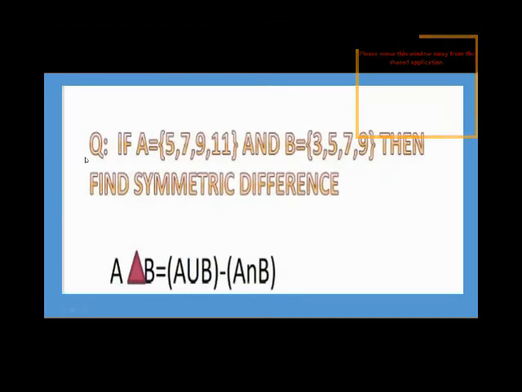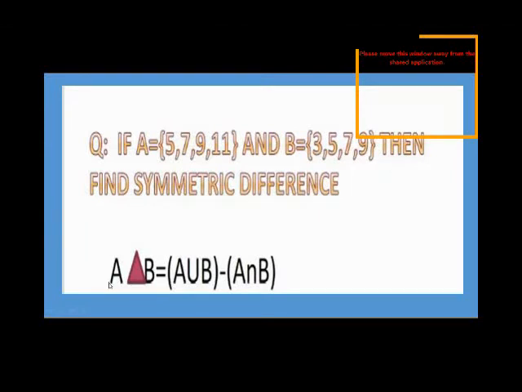For the understanding of symmetric difference, there is a question. According to the question, set A has elements 5, 7, 9, 11 and set B has elements 3, 5, 7, 9. Then find the symmetric difference. With the same instruction, a question will be given in your paper.